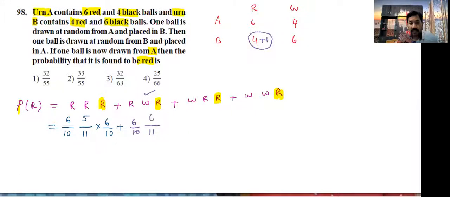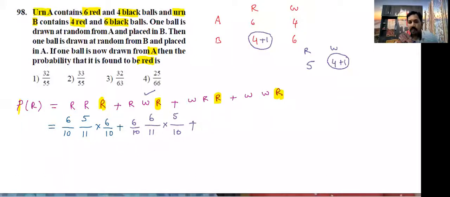Out of 6 white, select one. The selected white, where do we place it? First bag. That means we already picked one red color, so in the first bag there are only 5 red color. Now 4 white. Now we are going to add one white color ball. Okay. Now what is the probability of getting a red color ball? Total 10. Out of 5 red color, select 1.